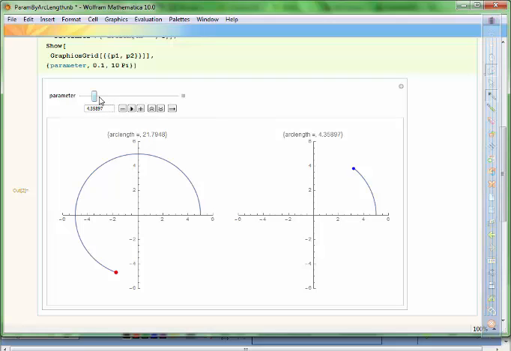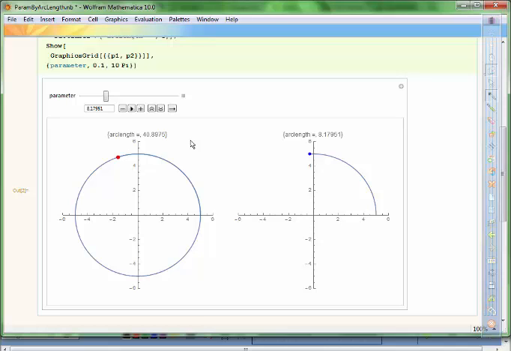Let's go a little bit further. It looks like the graph on the left is going to draw out over itself again, but it'll still compute the arc length, right? There are different parameterizations, kind of like the two parameterizations that we had. But is there anything else that you noticed?